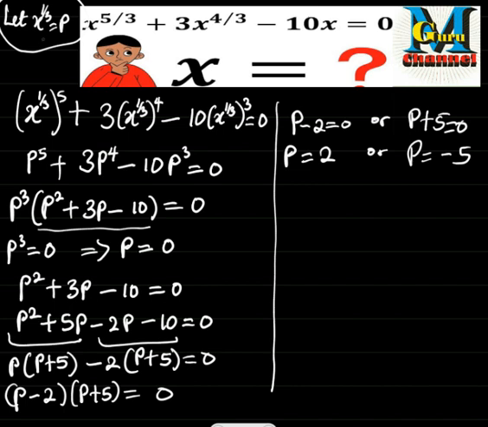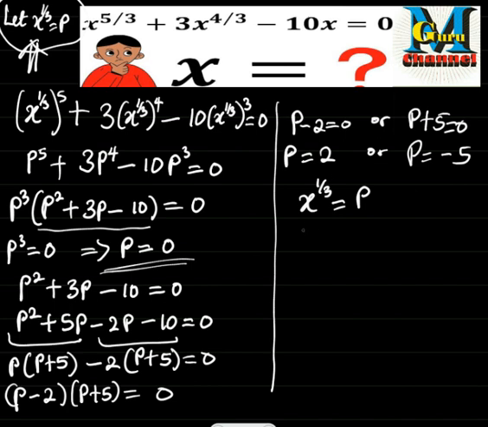But recall that we have x raised to the power of 1 over 3 equal to p, and we are required to find the value of x. So here is one of the values of p that we found.